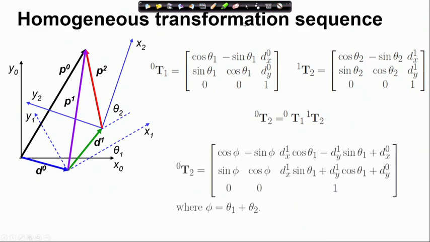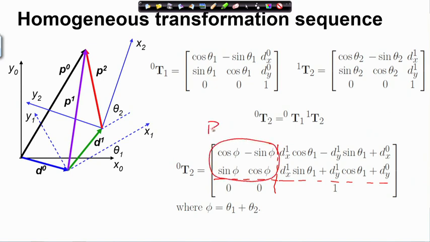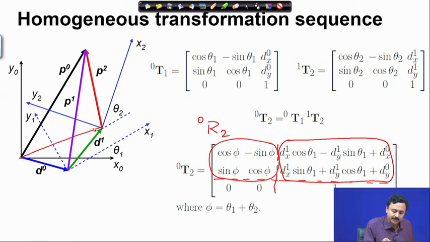And if you work out the final transformation matrix, this is what you will get. I have written it out. Now, this part is nothing but the rotation matrix 2 to 0, and this vector is nothing but the vector that I have represented here in red.